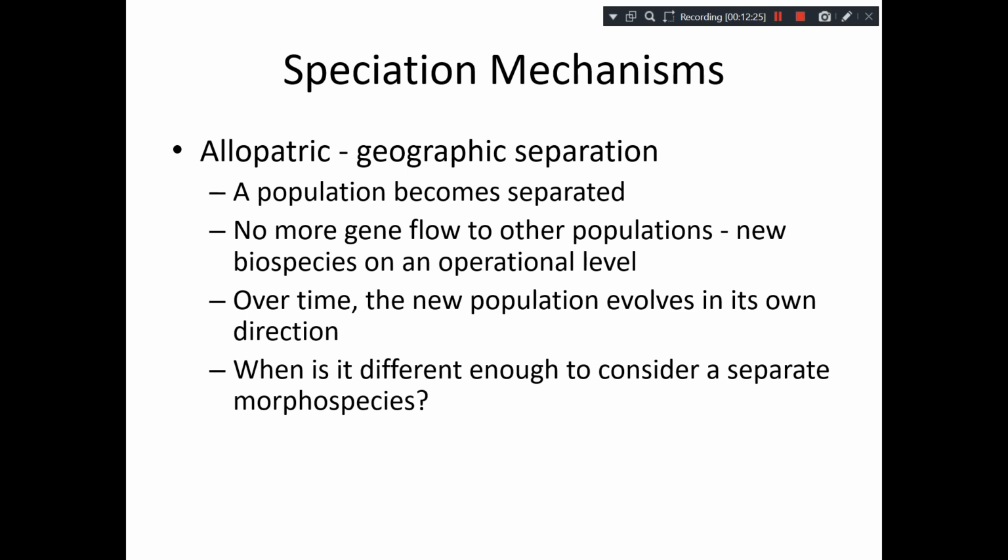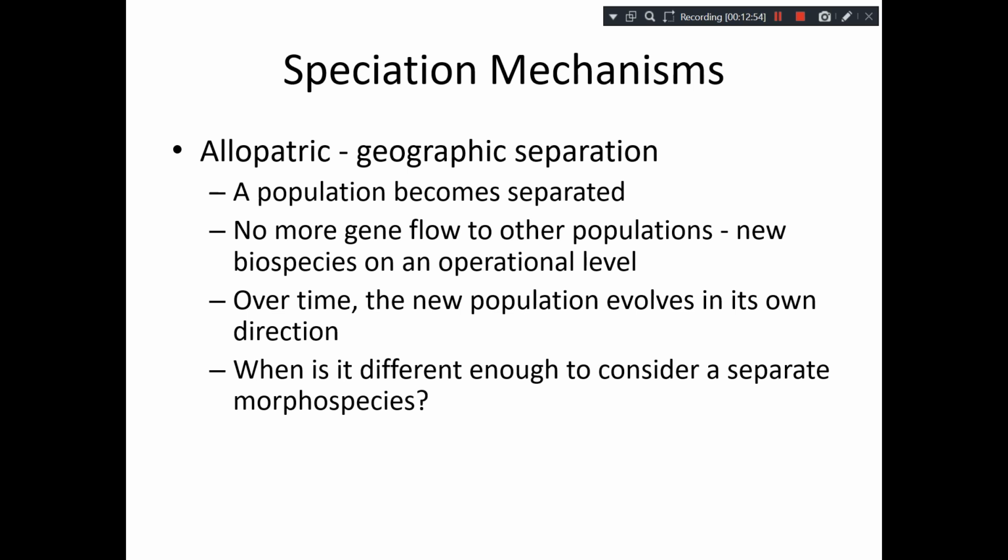As a result, there is no more gene flow. The individuals which have colonized a totally new area, let's call them a biospecies. There is no more gene flow between the native mainland species and the new biospecies at the operational level.